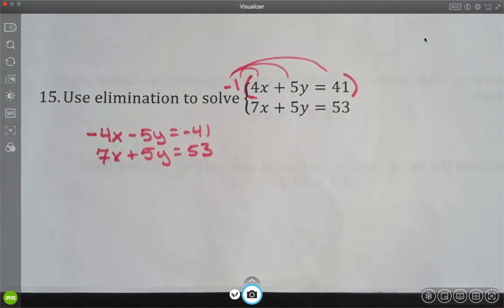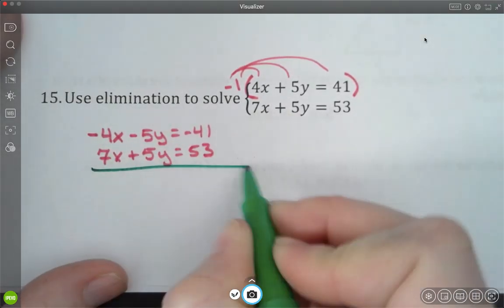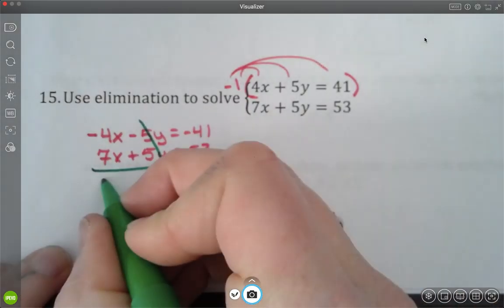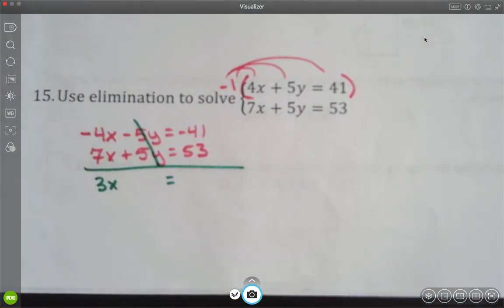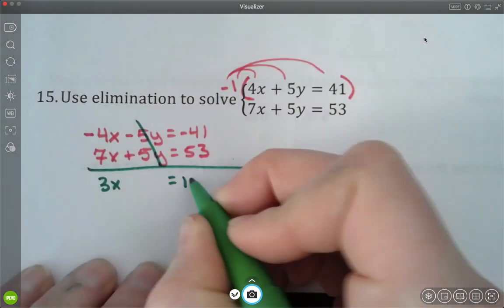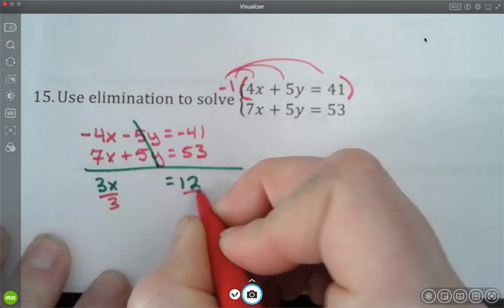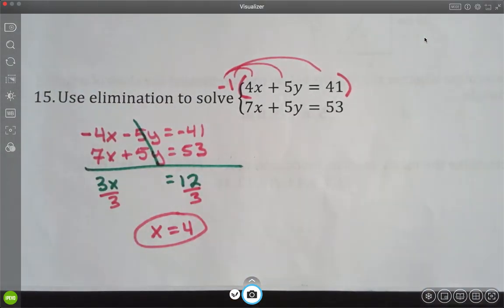Now we combine. The 5y's are going to cancel out like they were supposed to. -4x plus 7x makes 3x. And -41 and 53 gives 12. Then we divide that by 3. So x is going to be 4. Am I done? No.